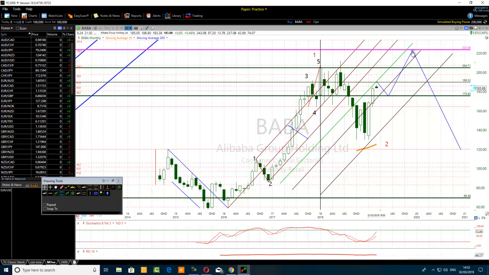Bringing the price, if it's going to be an expanded flat correction, the B wave will go to 138.2% Fibonacci extension level of what? The fifth wave. Here to here, you apply Fibonacci extension. That's the 138.0. Is it going to do that? Maybe. It may not do it at all.